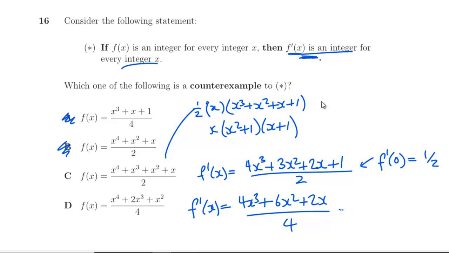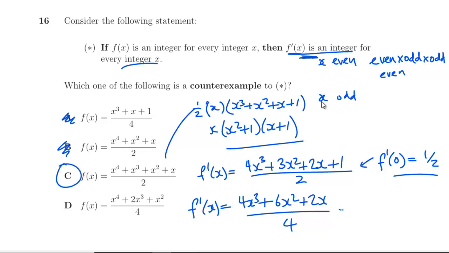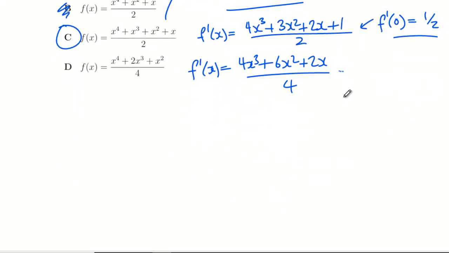If x were even, then I'm going to get even times odd, which is even. So that's fine. If x is odd, then I've got odd times even, which is even. So this is always going to be even, and we're dividing by 2. And we've got the counterexample. Okay, so C. Right. That was another tough one.